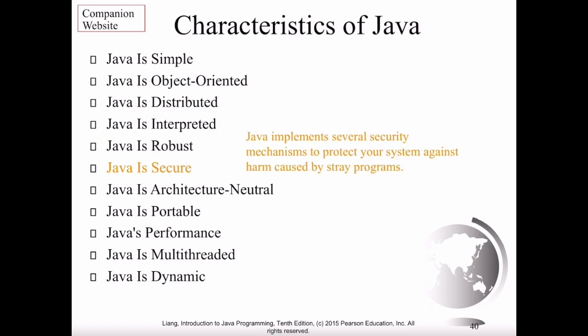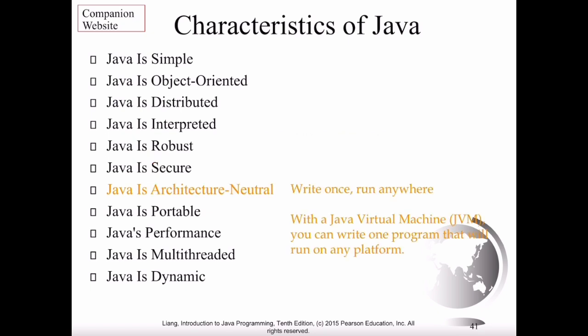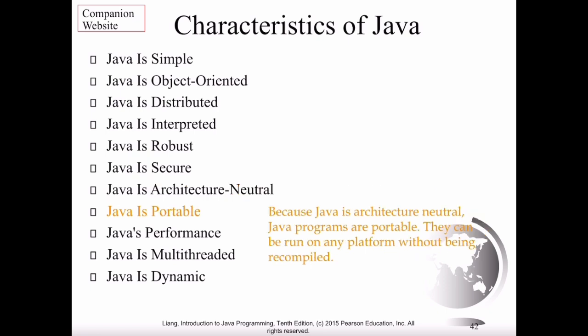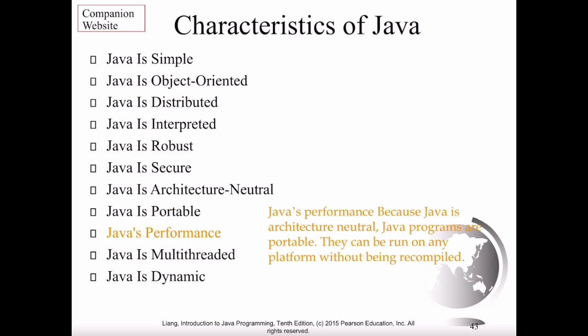Java has a very good protection system against viruses, considering that the applications have internet access. Java is architecture neutral, so you can write the code once and run it anywhere on any other device. Java is portable. You can run any program without having it recompiled. Java's performance is better because it doesn't need to be recompiled.